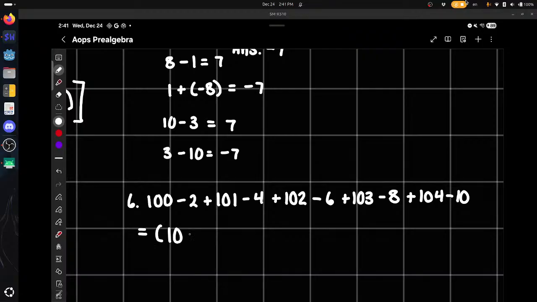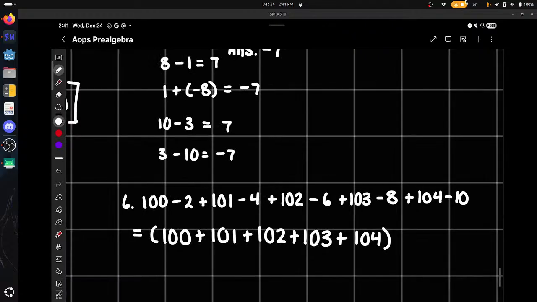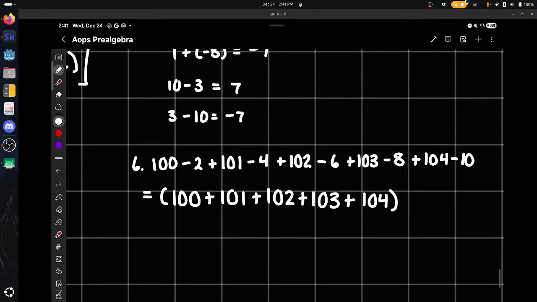We have 100 plus 101 plus 102 plus 103 plus 104. And then plus, skip over that for now.